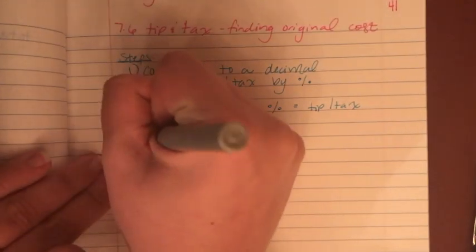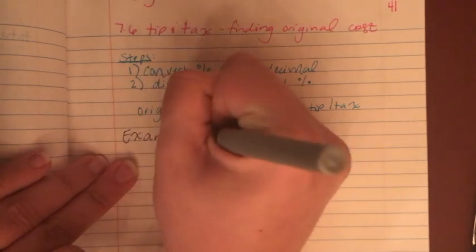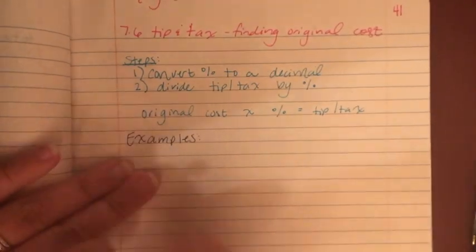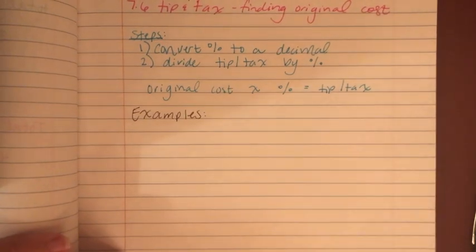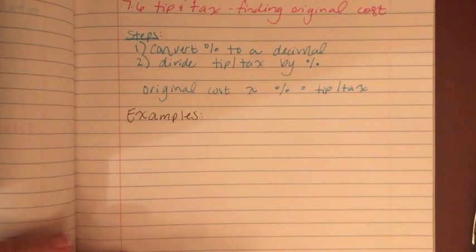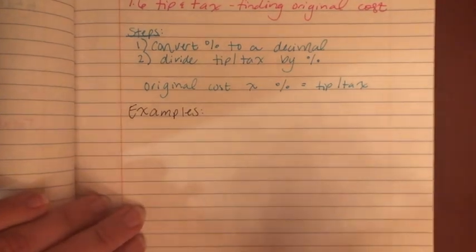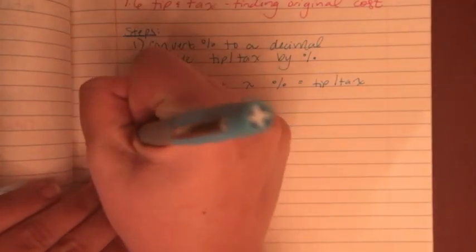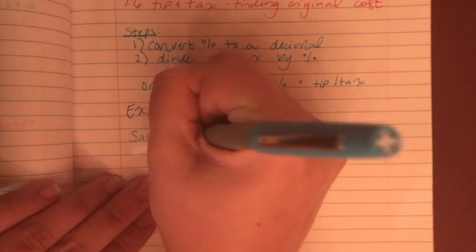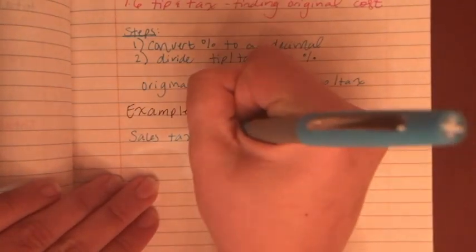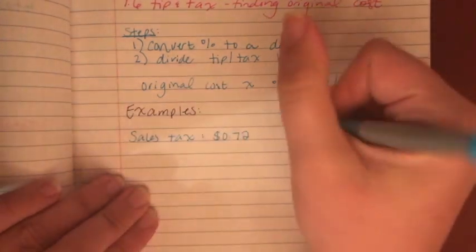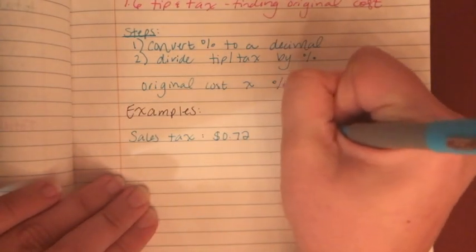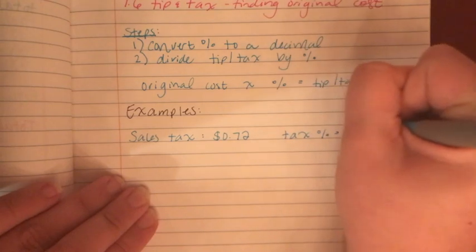So let's work through some examples. For these, you might see these numbers in Khan Academy. I took out the context of the story problem, but if you get these numbers, the answer will be the same. So let's say that there is a sales tax that gives you 0.72. That's what they got for the sales tax, and then the tax percent is 6%.